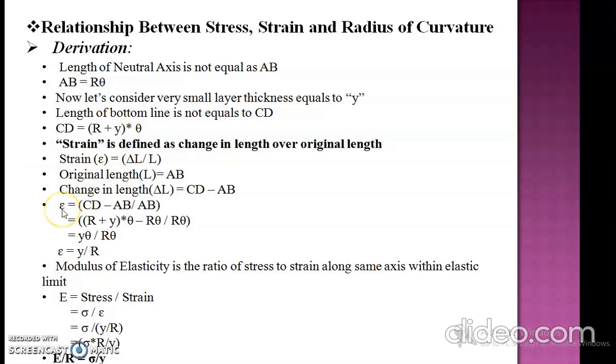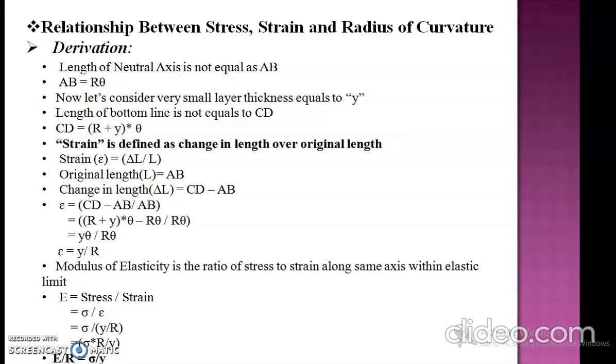Now we have to calculate the strain. Strain epsilon is equal to change in length over original length. Putting the values into the strain formula: CD minus AB divided by AB. CD is equal to R plus y into theta, minus AB as R into theta, divided by R into theta.